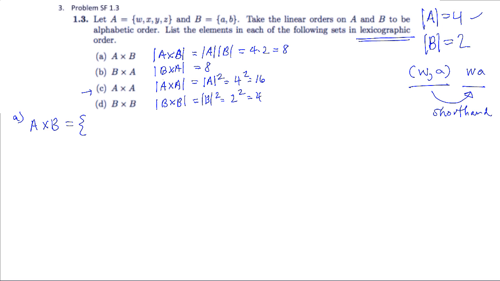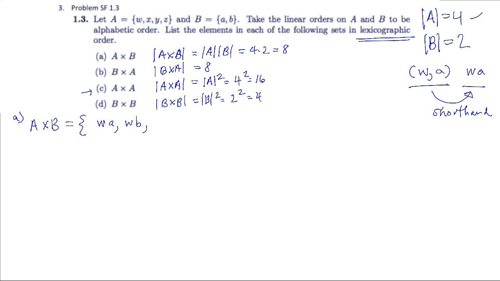However, we know we can impose an order on a set, and sentence number 2 here says take the linear orders on A and B to be alphabetical order. In other words, we've just imposed an order on the sets, and they are written, in fact, in their order, which is alphabetical. Okay, so lexicographic order starts with WA, WB.